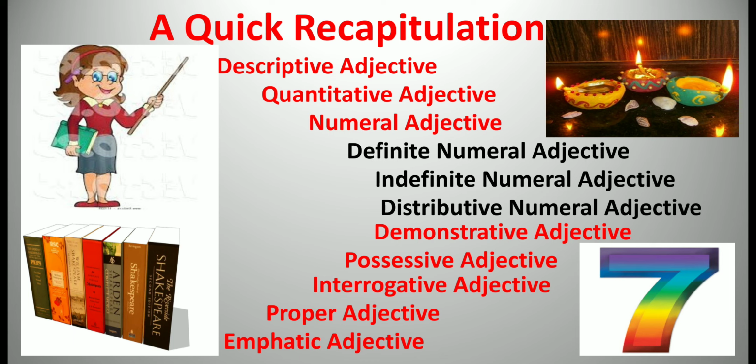The adjective has 8 kinds. These are descriptive, quantitative, numeral, demonstrative, possessive, interrogative, proper, and emphatic adjectives. The numeral adjective is categorized into 3 classes: definite numeral adjective, indefinite numeral adjective, and distributive numeral adjective.